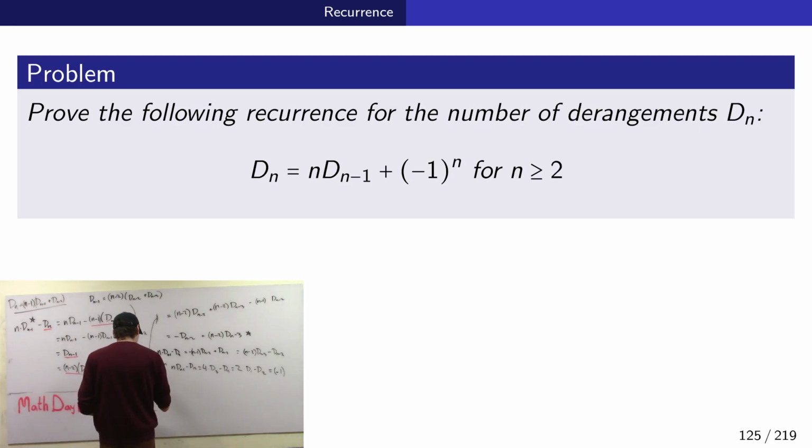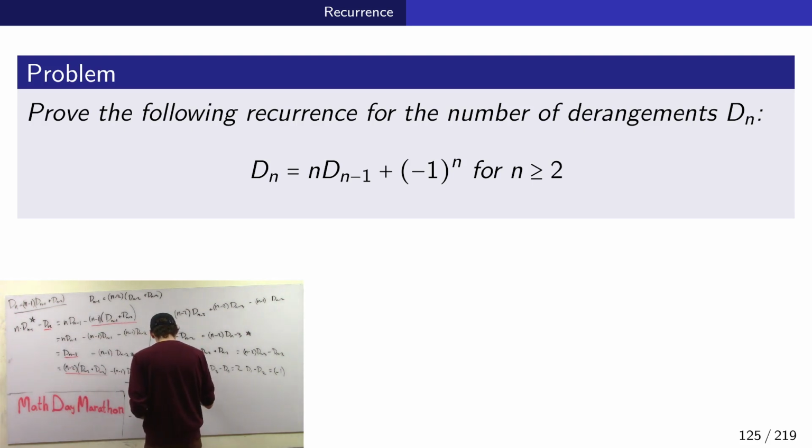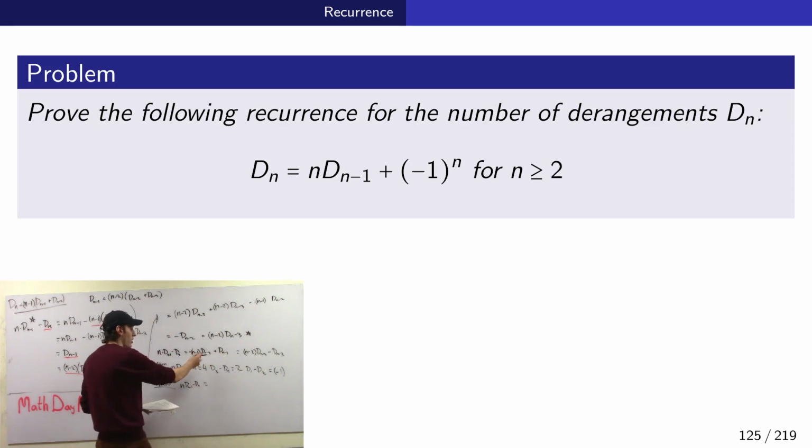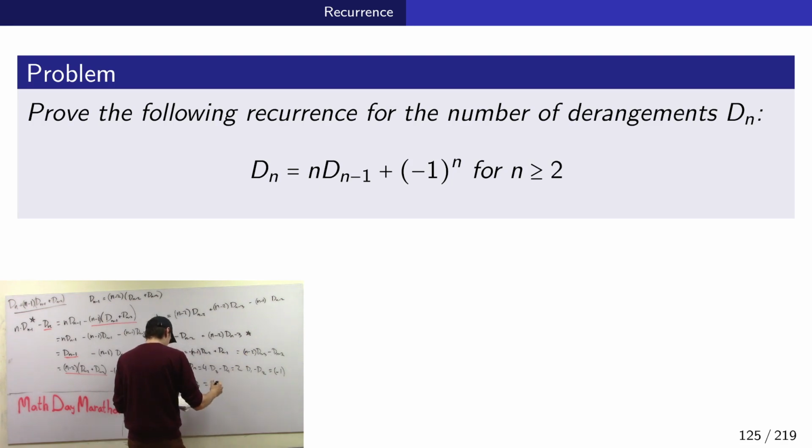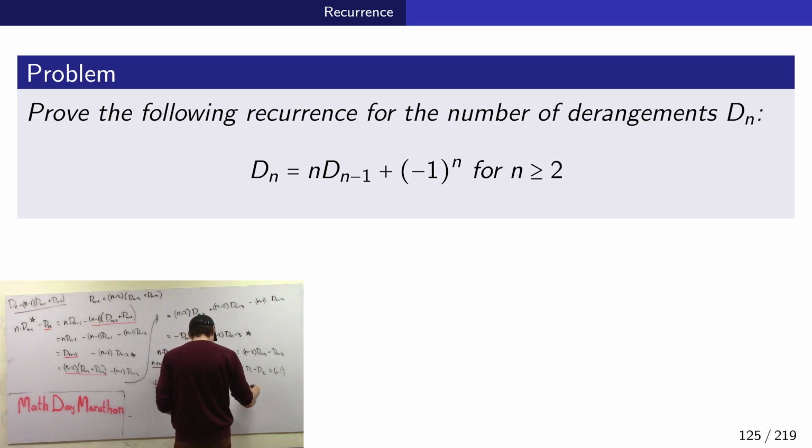And if n is odd, we have to have n times d sub n minus 1 minus d sub n ends up being equal to, as you trace through this equality, you can keep recursing, you get 3 times d sub 2 minus d sub 3 ends up being equal to d sub 2 minus 2 d sub 1.